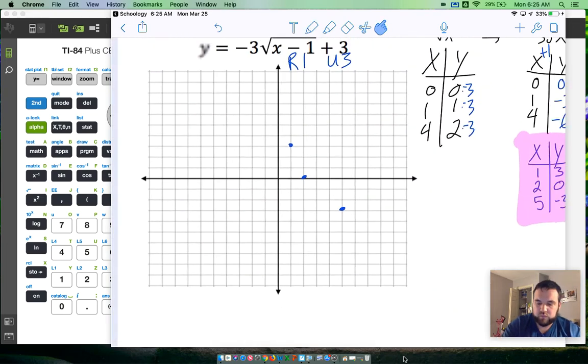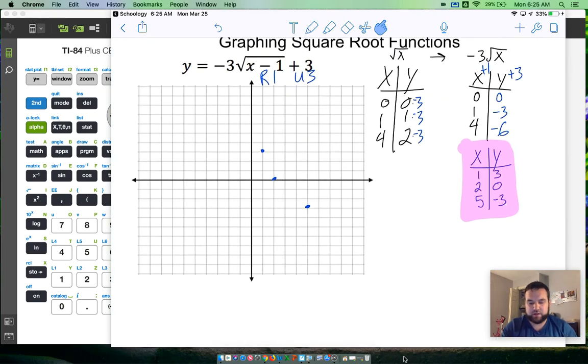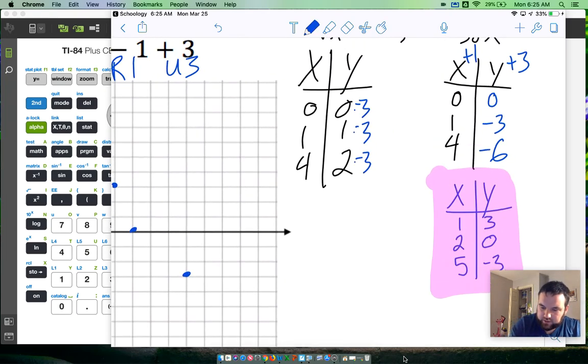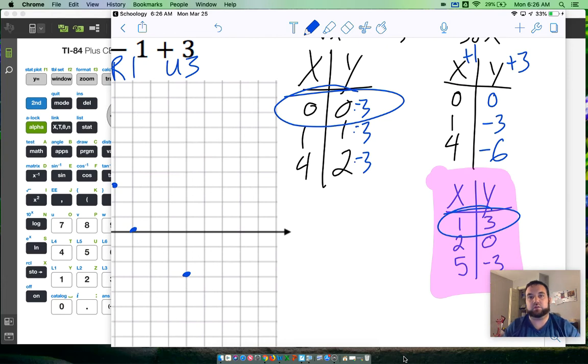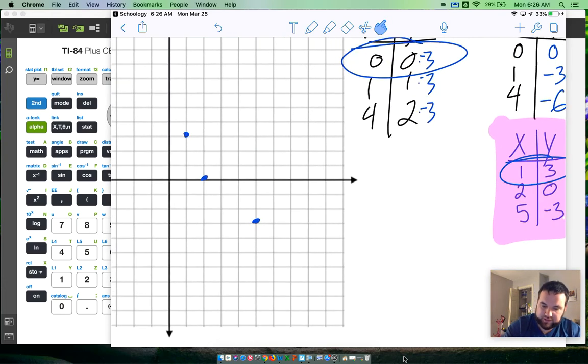Okay. Now the tricky part about this, and it might not be as obvious right away, is remember our graph started at 0, 0, and there wasn't an arrow going from that point. So now the point that we are starting at is 1, 3. So when I plot these, I need to make sure I connect them.